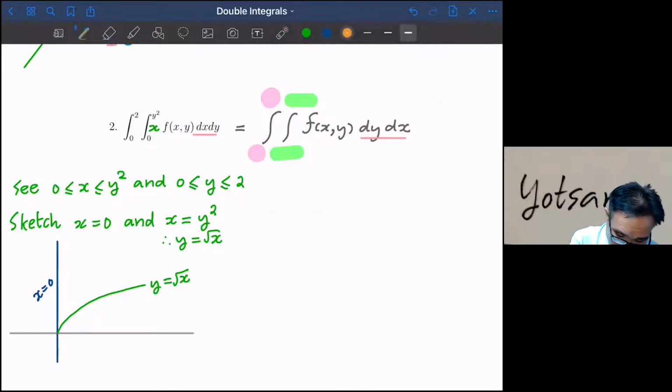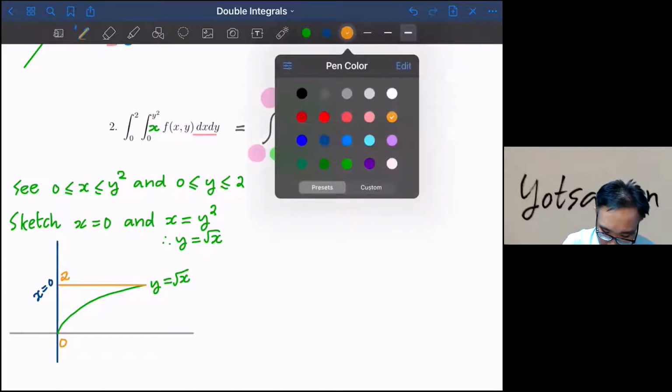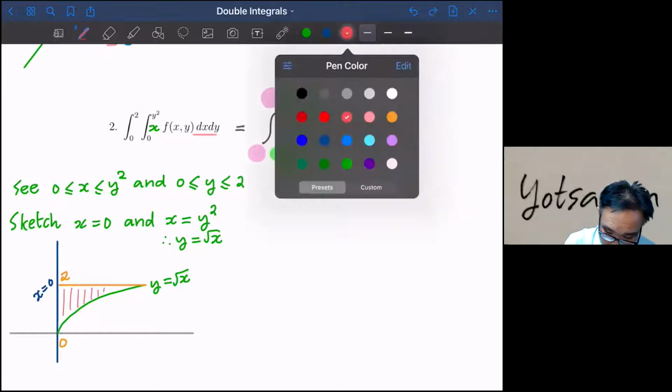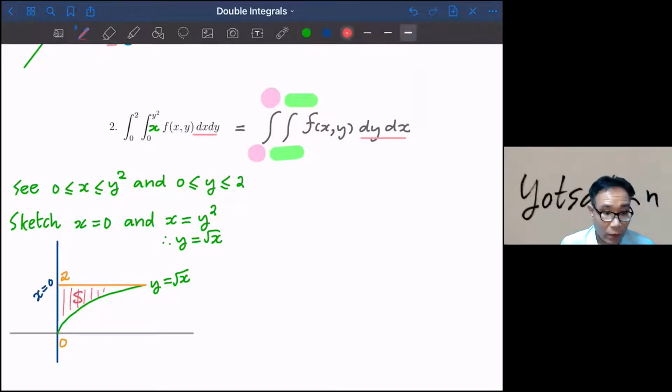We're just going to have this part, with 2 here and 0 here. So the region that we have for S turned out to be this region.